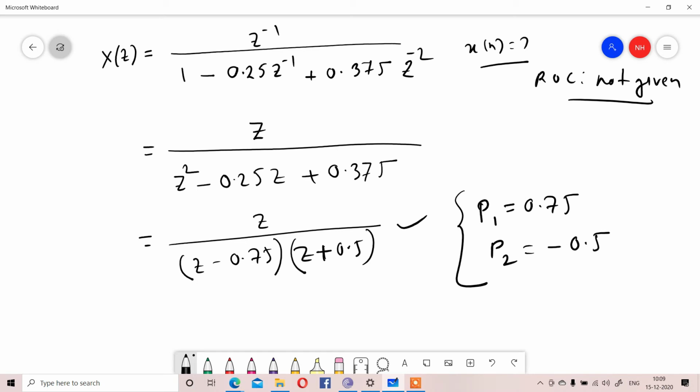Now, as ROC is not given, you have to consider the range from minus infinity to infinity. Within that range, any value you may get. Now, for your solution purpose, you have to split that range into two parts. One is the causal part, and another is the anti-causal part.